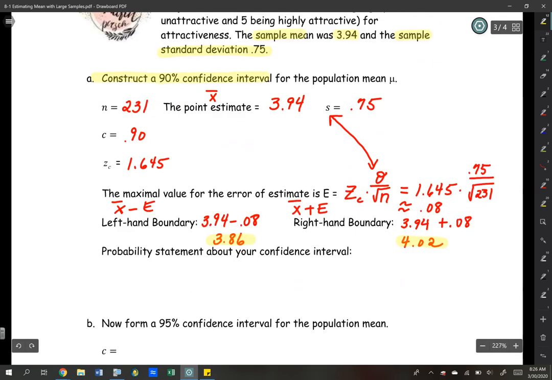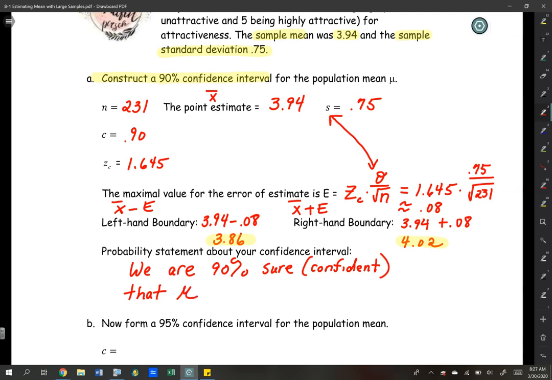All right, so we are 90% sure. You could say sure, you could say confident. I'm just going to write confident here. They're interchangeable. We are 90% confident that mu, our population mean, we can just write mu, is between 3.86 and 4.02.